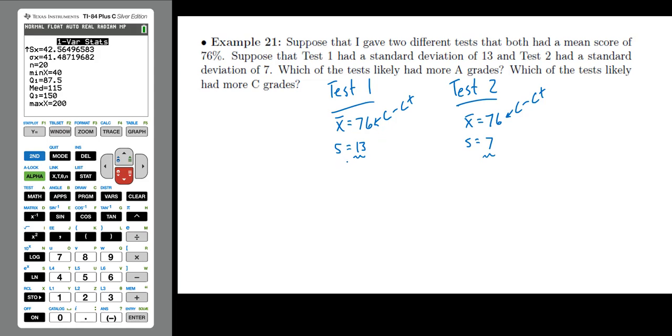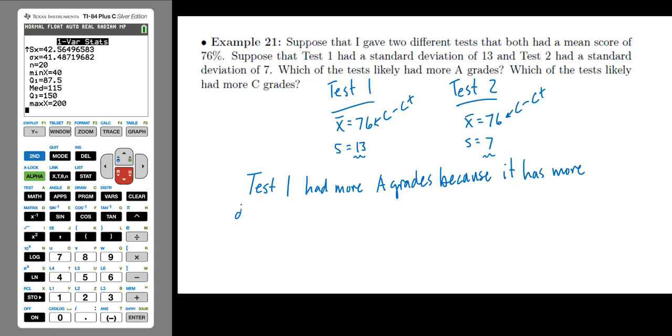Well, we do know that test 1 has more variation, more deviation from the average. So what we would say here is that we don't have a lot of information to go off of, but we can say that it's most likely that test 1 had more A grades because it has more deviation from the average.